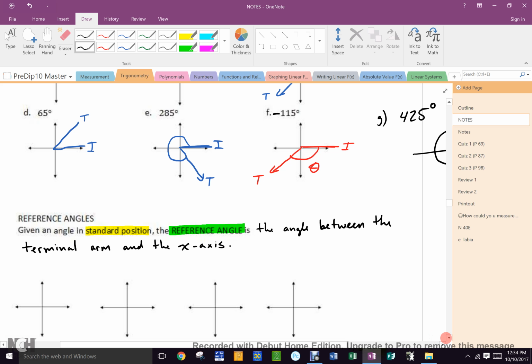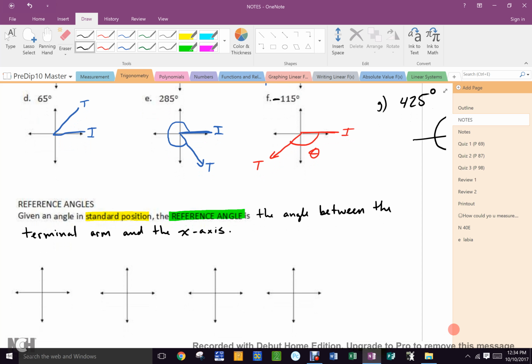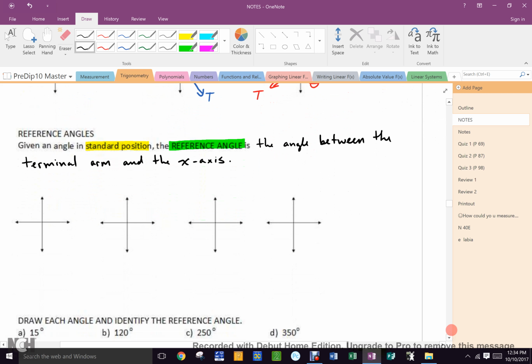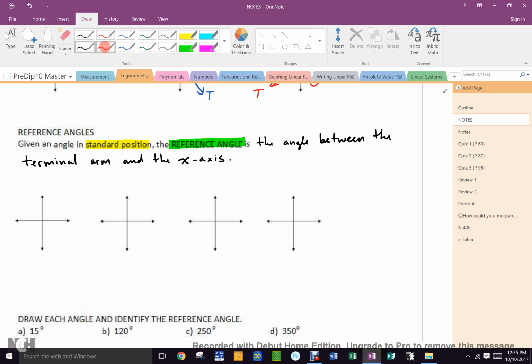Okay? So we are going to do a couple of these. Somebody give me a number between 90 and 180. 106. All right. So Taylor has given us a standard position angle of 106.